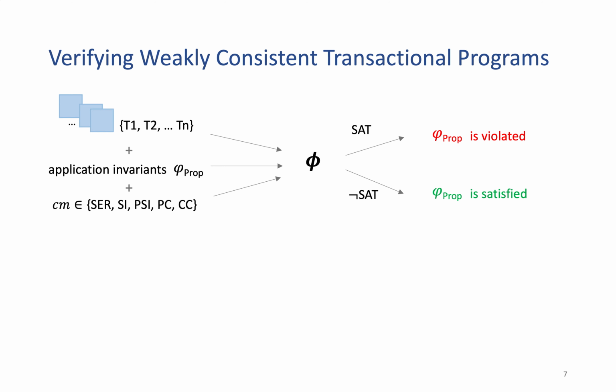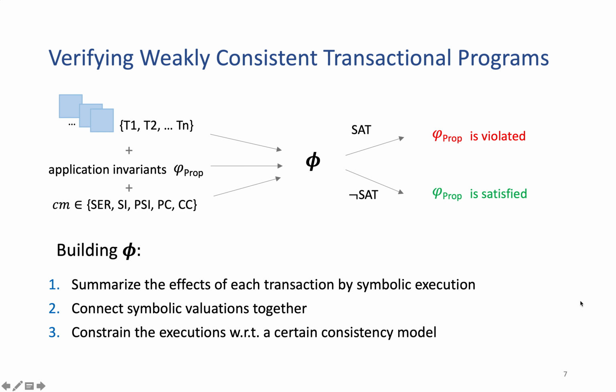Then we build a formula phi based on those inputs, and if the formula is satisfiable, we say that the application property can be violated in some executions. And if it is not satisfiable, then we say that the property is satisfied in any possible execution of the transactions in the given consistency model.